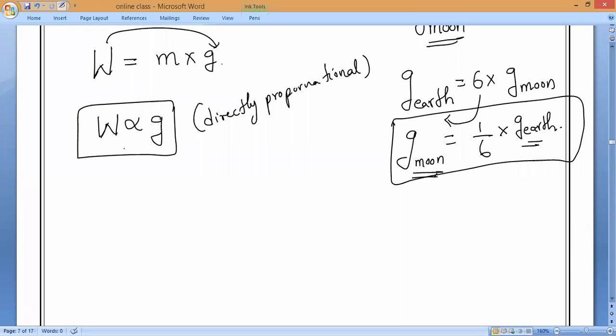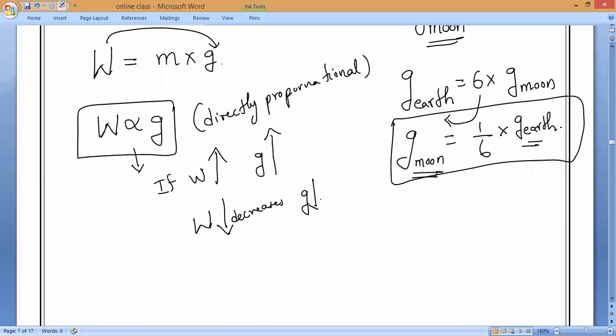If weight increases, then G also increases. If weight decreases, then G also decreases.